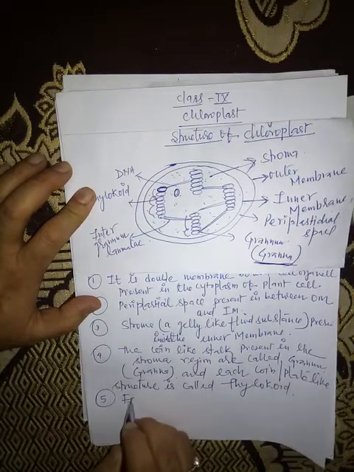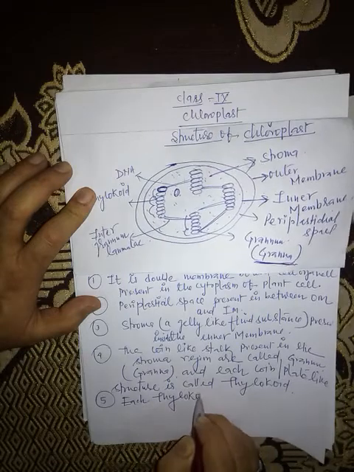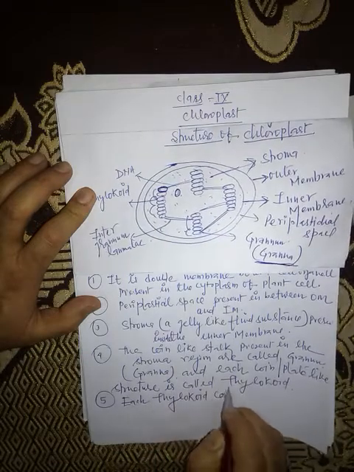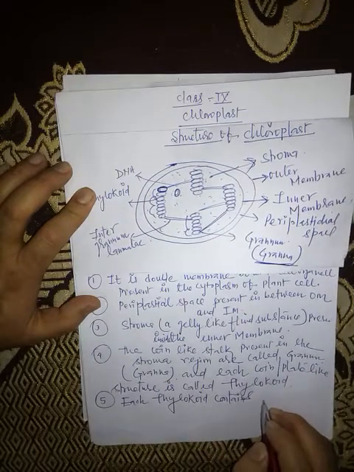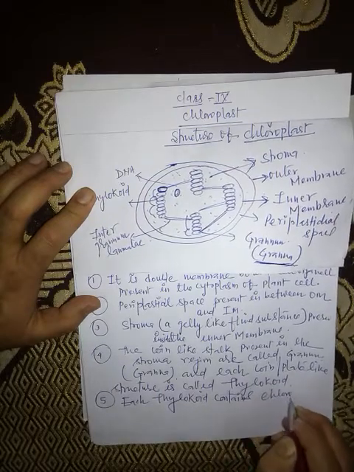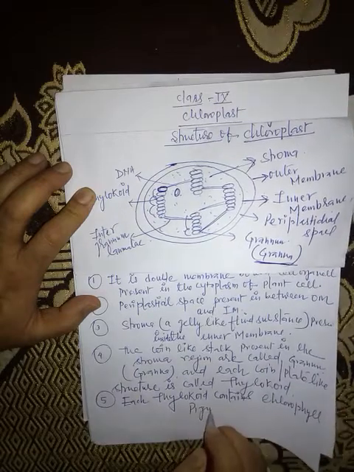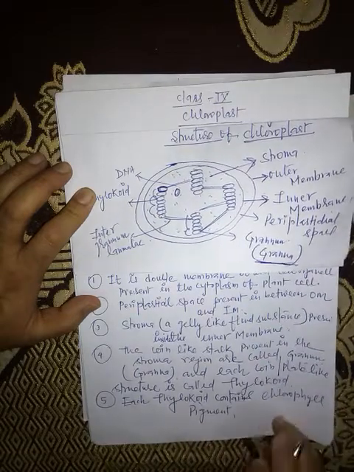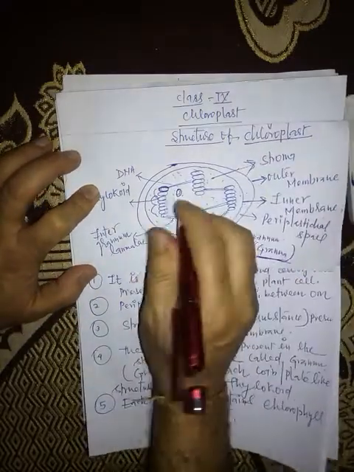Each thylakoid contains chlorophyll pigment. You know the chlorophyll pigment is present inside of the chloroplast. Where?